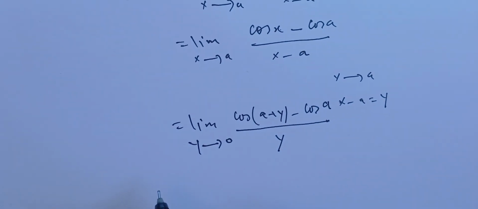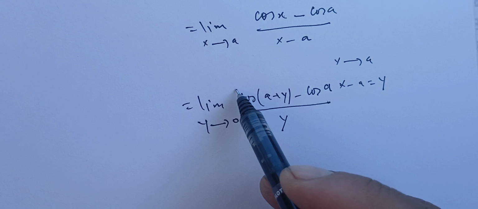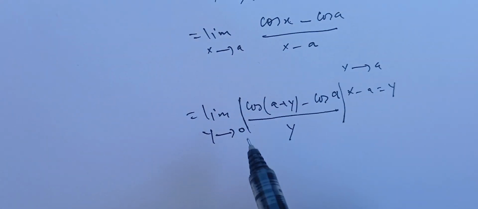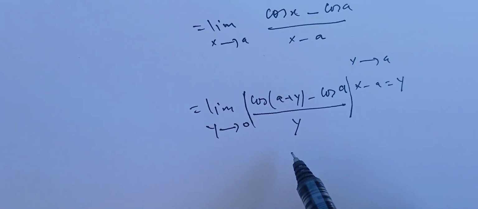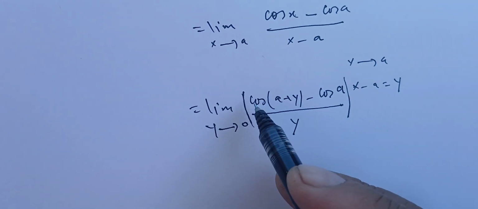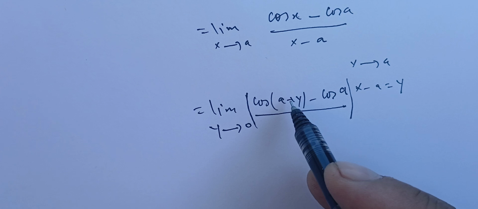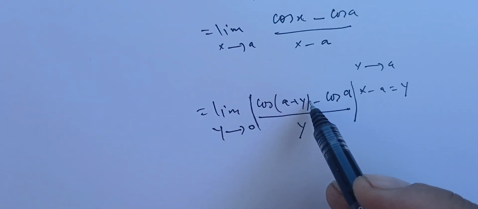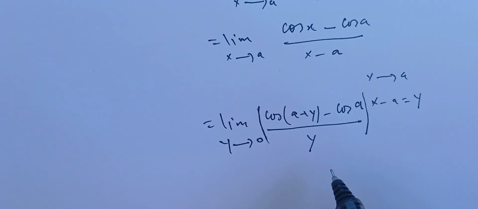We can use what we know from trigonometry, cosine of a plus b with a as a and b as y, and expand the formula.